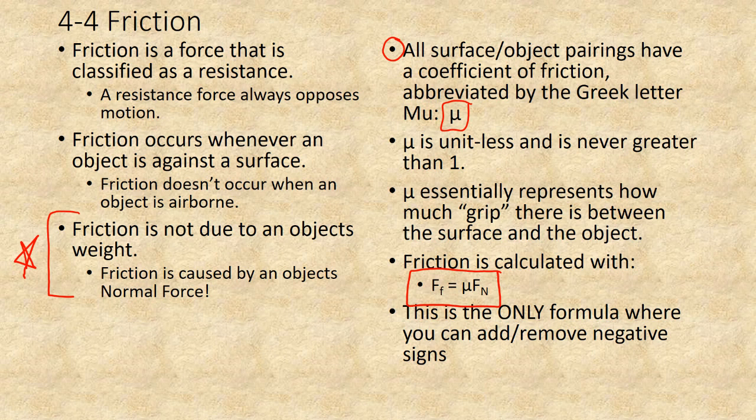The force of friction is equal to the coefficient of friction times the normal force. Now, this is the only formula where we can arbitrarily add or remove negative signs because friction and normal force are perpendicular to each other, so we have to assign their directions once we are ready to do so.